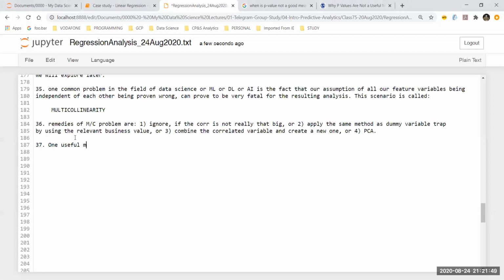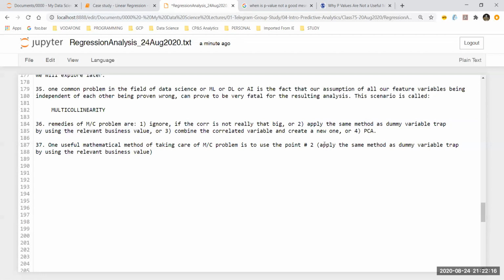One useful mathematical method of taking care of the multicollinearity problem is to use the point number 2, and this one I'm going to use with some mathematical background added onto the business background.